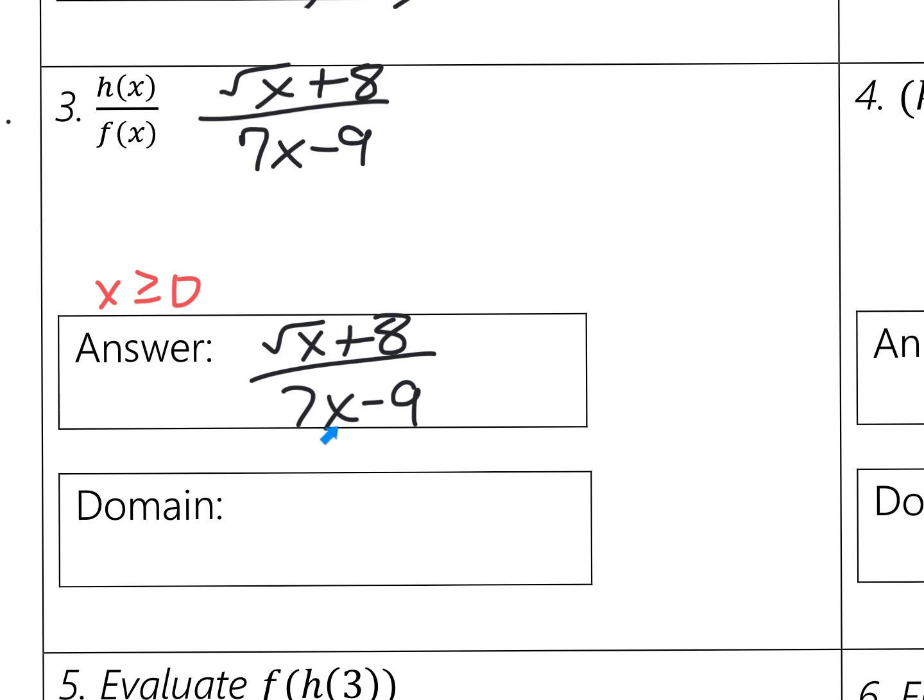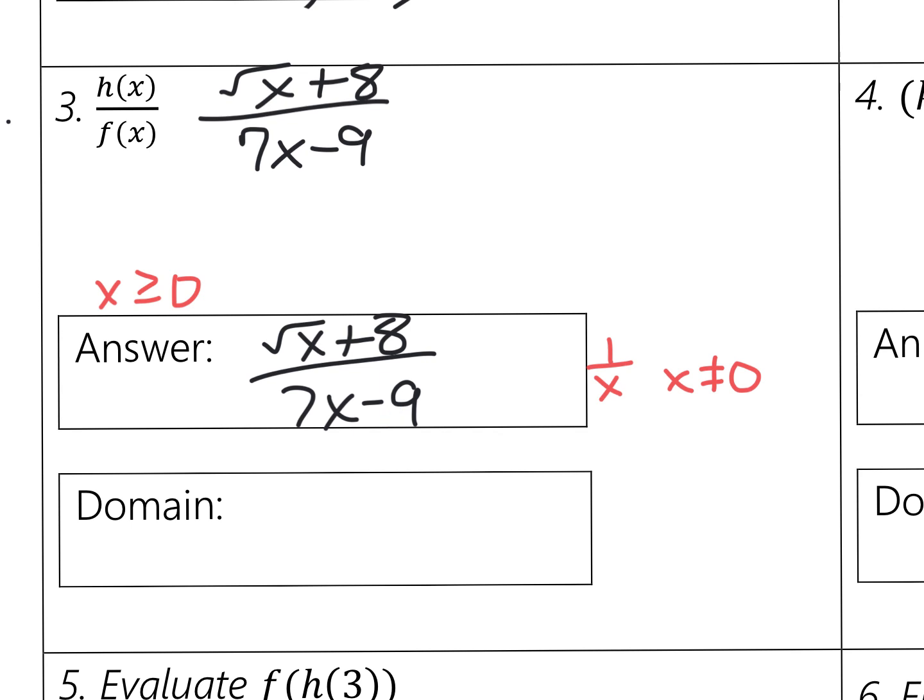Then we have the fact that this is a rational expression because we have this denominator of 7x minus 9. And remember, the parent function of a rational is 1 over x. And we know that the domain restriction is that the x cannot equal 0. Well, what we need to consider now is that we have this expression 7x minus 9.